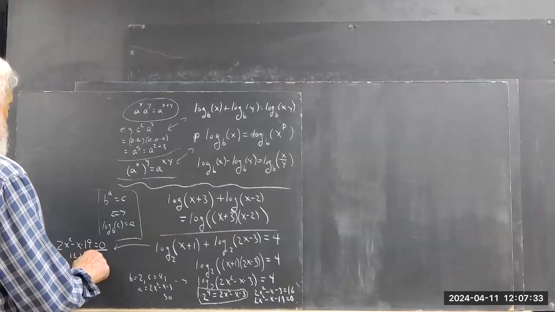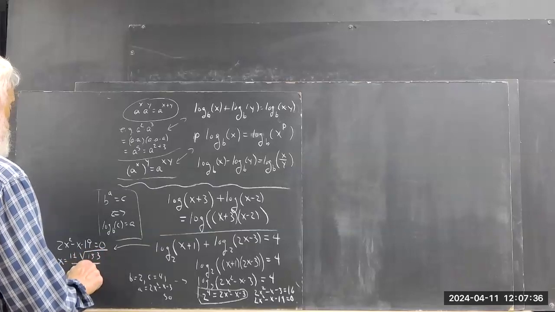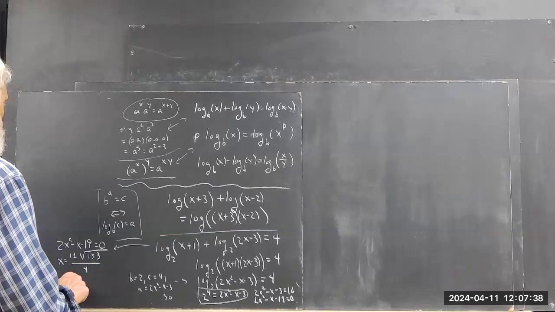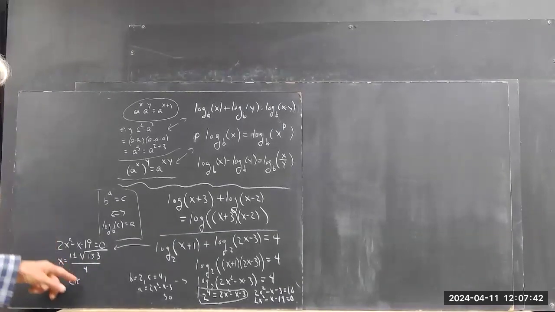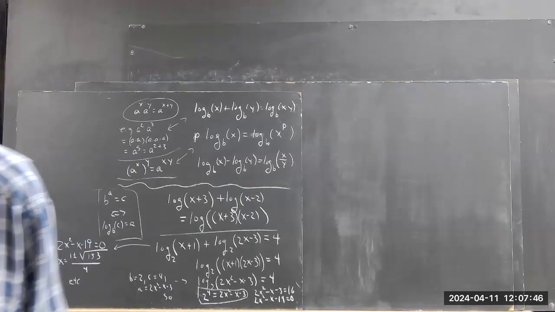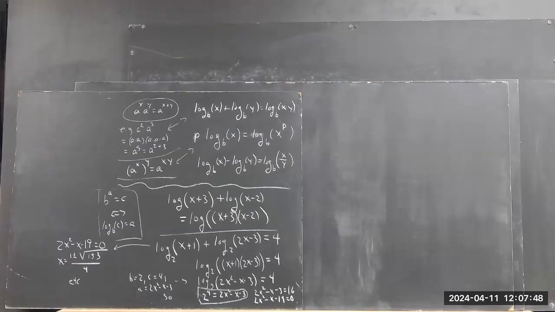So you get 153, I think, over 4. So I'm going to even turn the crank and do the quadratic formula. Check my numbers there. Okay. And if you're rusty in the quadratic formula, get out the rust. It's easy to use.